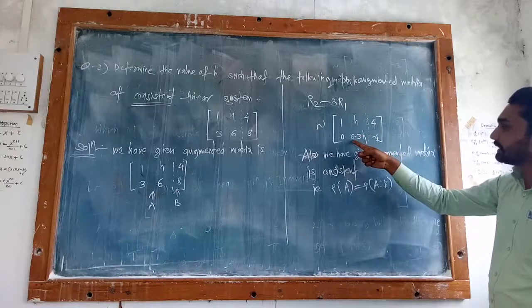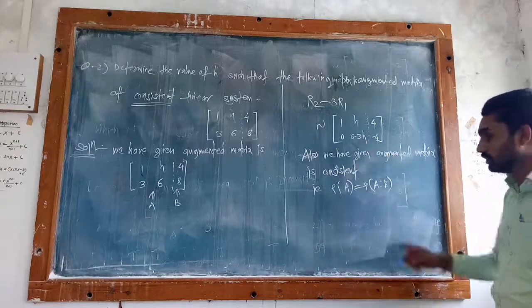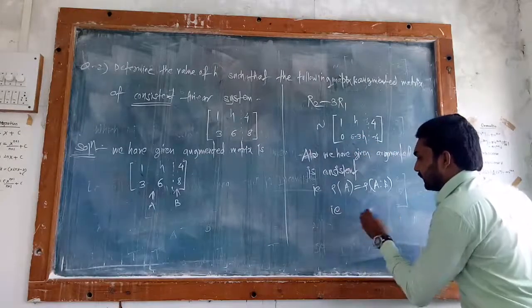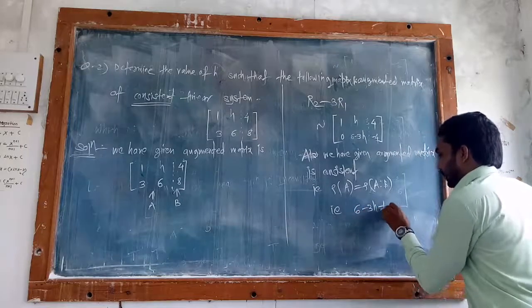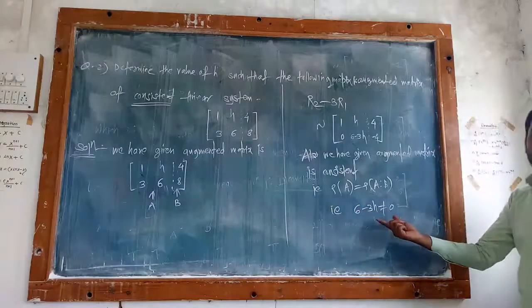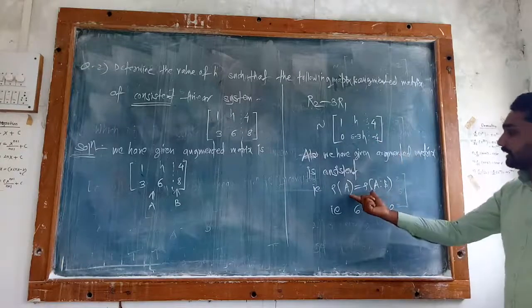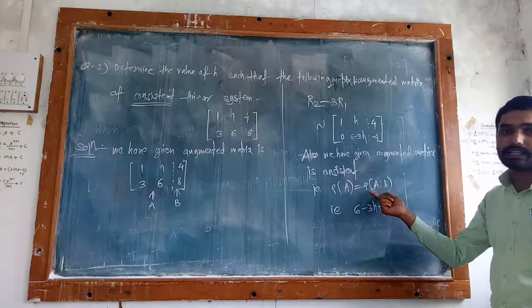That is possible if 6 minus 3h is non-zero. Then rank A and rank AB are equal.